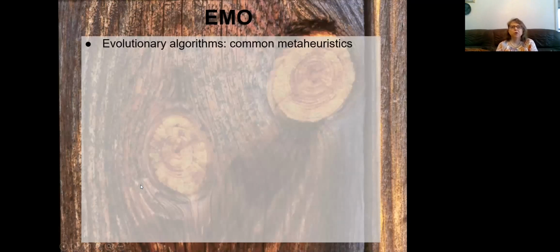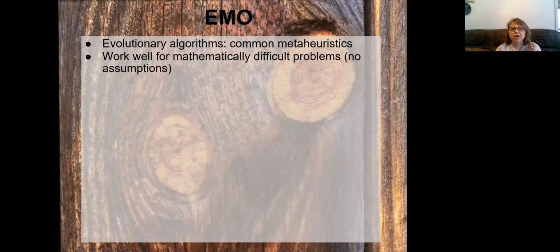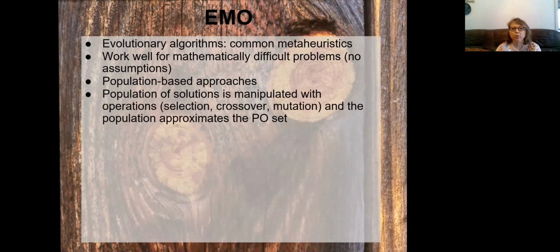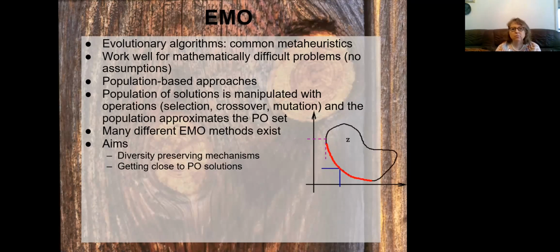I mentioned some words about evolutionary algorithms. I will not spend much time on those here, but as said, they are common metaheuristics that are good for mathematically difficult problems, and the population tries to come up with an approximation of a Pareto optimal set. In a way, there are two objectives that these algorithms try to achieve simultaneously: a diverse set of solutions, and all of these being as close to Pareto optimal as possible.